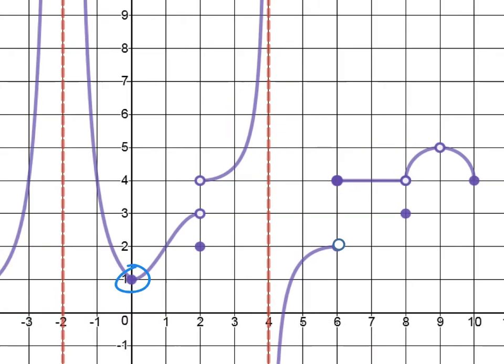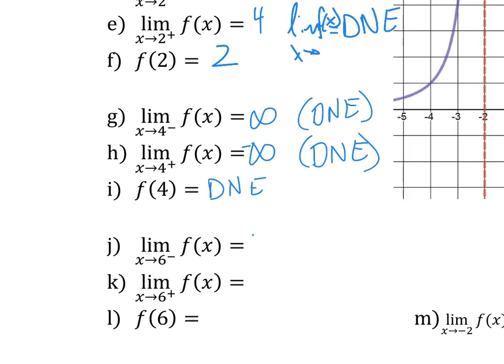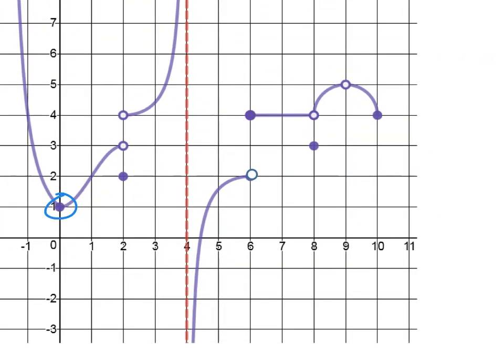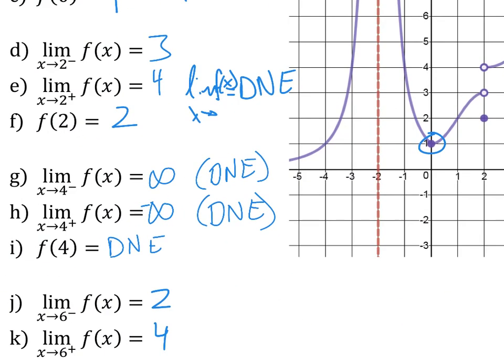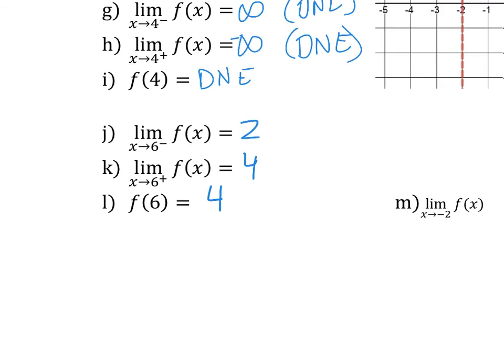All right, so 2 from the left, 4 from the right. And what is the actual value of f of 6? Well, where's the point? There it is right there. So the value is 4, okay? The solid point. So since that doesn't agree, we don't have an overall limit there either.